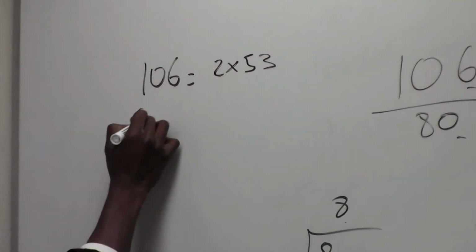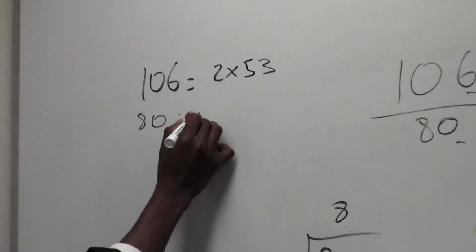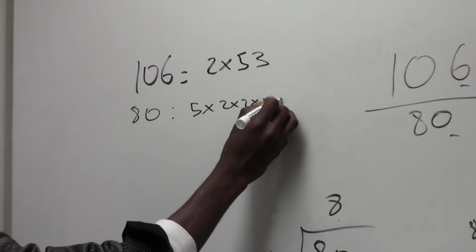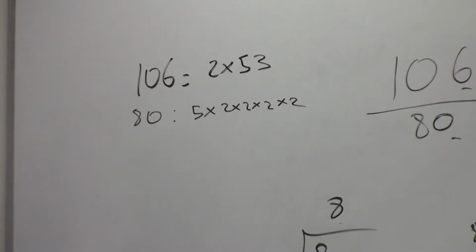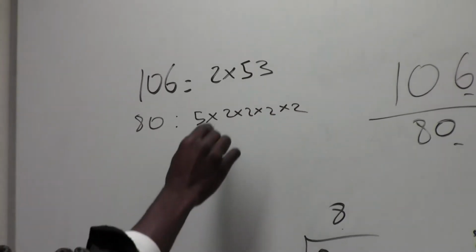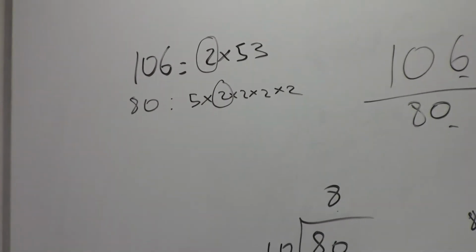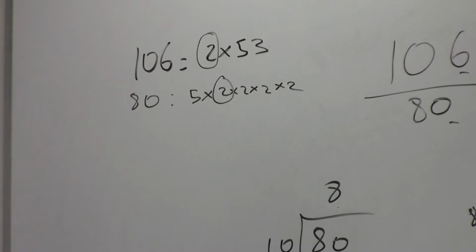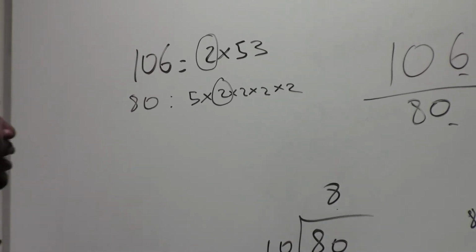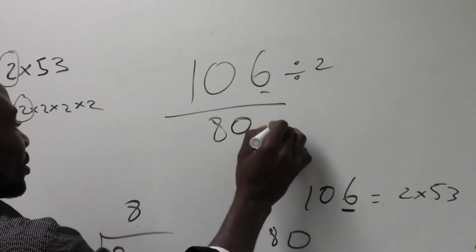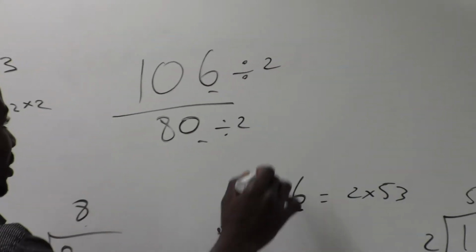And 80, I have 5 times 2 times 2 times 2 times 2. The only common number they have is 2, which means you can reduce by 2 in both cases. So here you divide by 2, divide by 2.